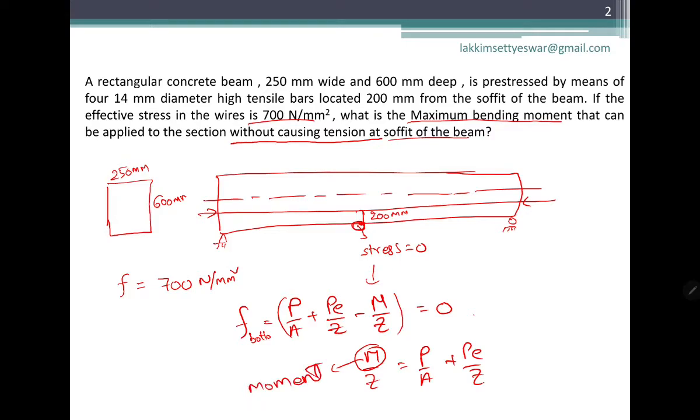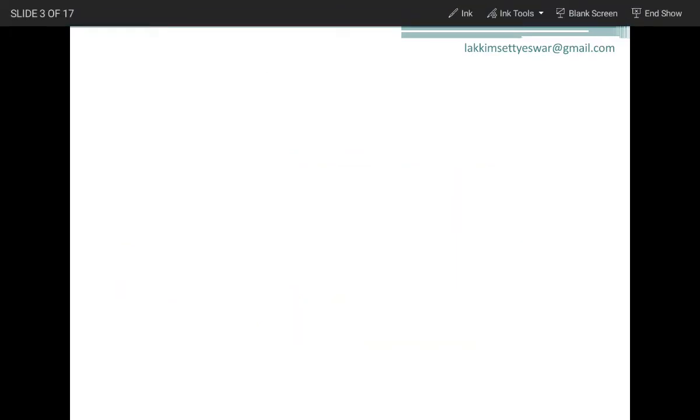So first let's calculate the section properties and eccentricity and pre-stressing force. Section properties: area of the rectangular beam A equal to 250 into 600 equal to 15 into 10 power 4 mm square.